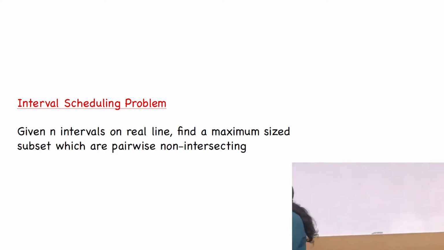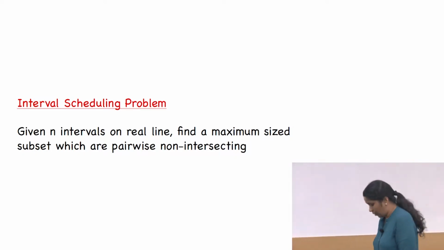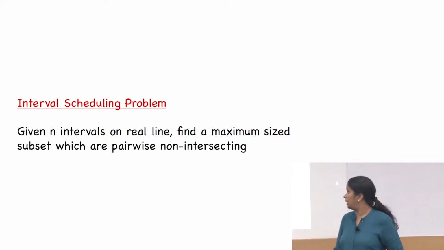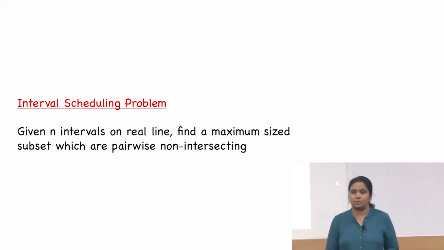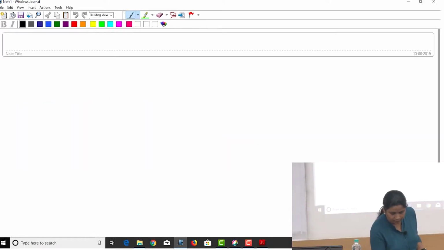The interval scheduling problem. What is the interval scheduling problem? Try to solve this using greedy. What is the input? You are given n intervals on a real line, and you must find a maximum cardinality subset which are pairwise non-intersecting. You are given a family of intervals.